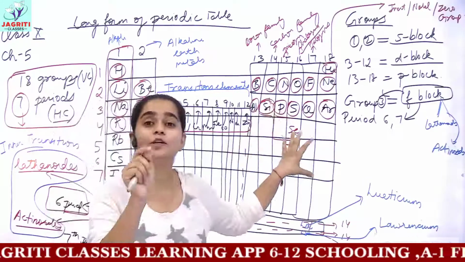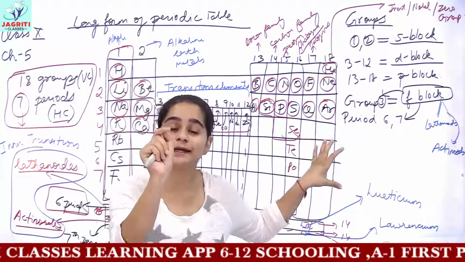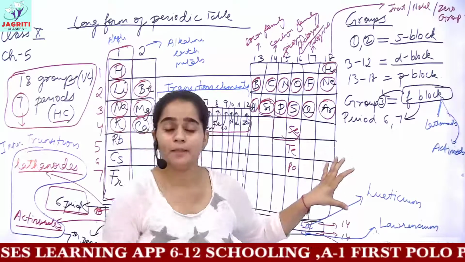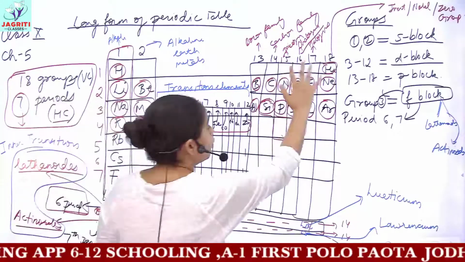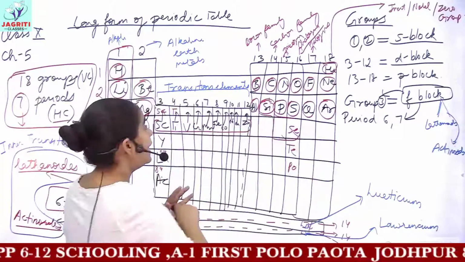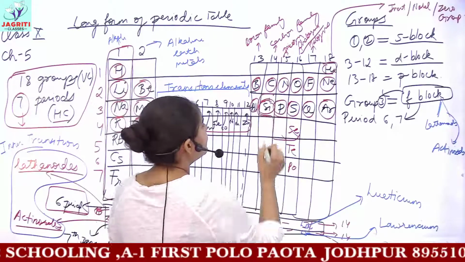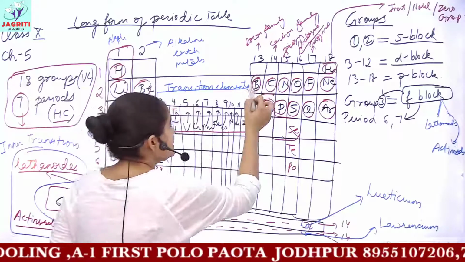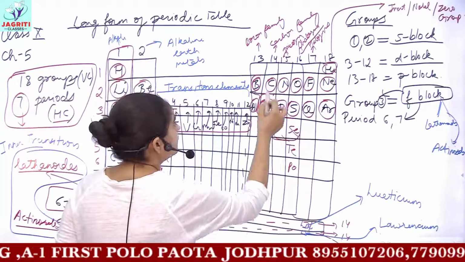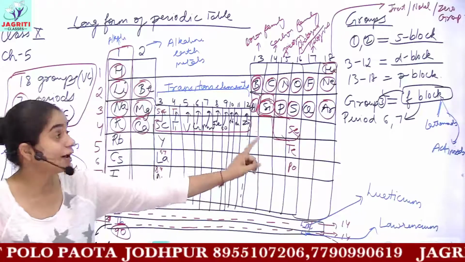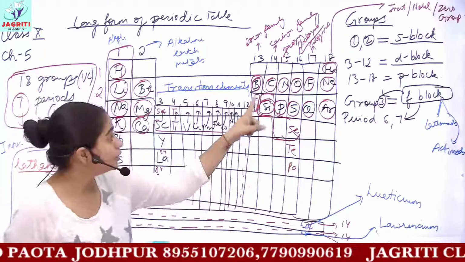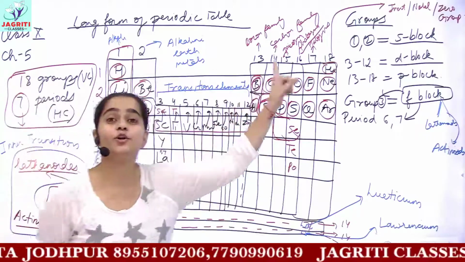If you open your textbooks and see the periodic table, you will find that metals are shown in a different color, non-metals are shown in a different color, and in between there are some elements like boron, silicon, and these, which are shown with a different color. So these are neither metals nor non-metals.